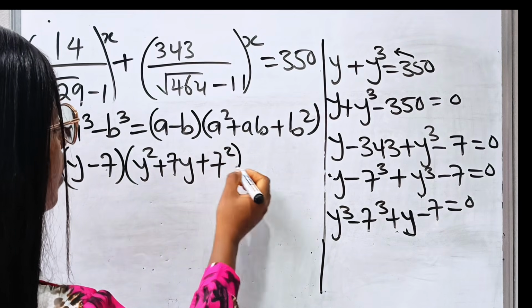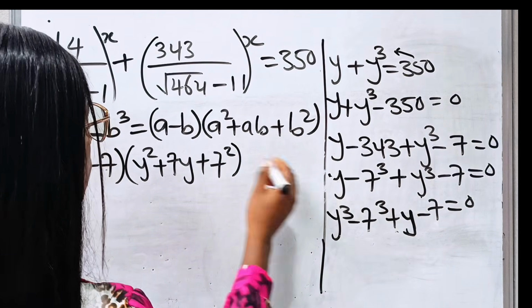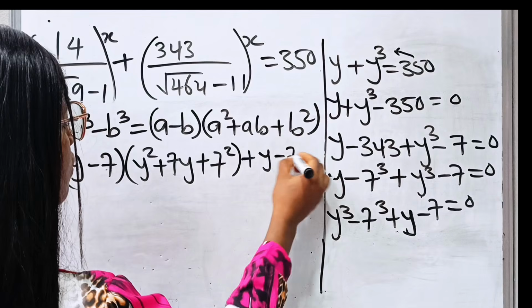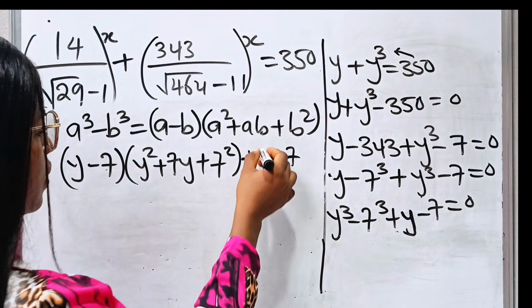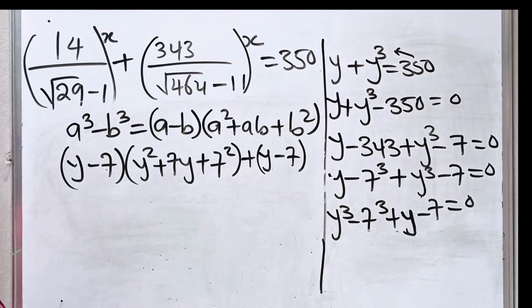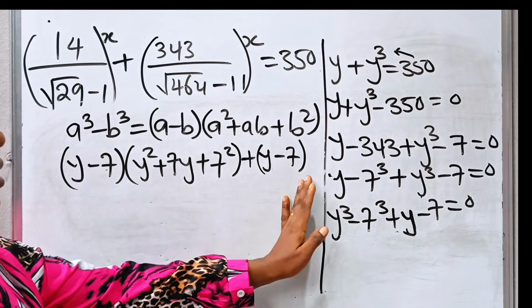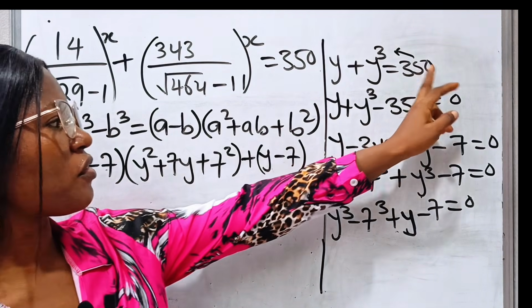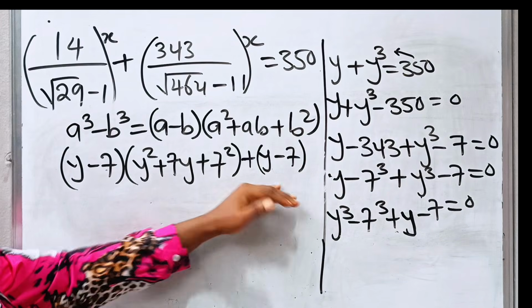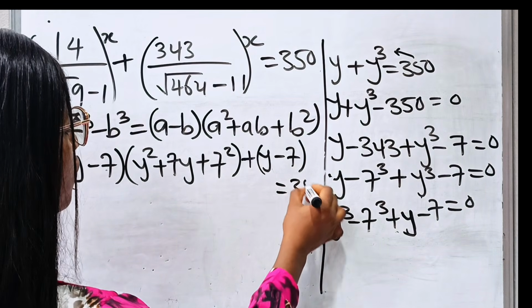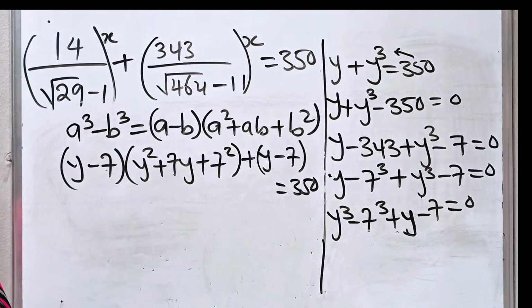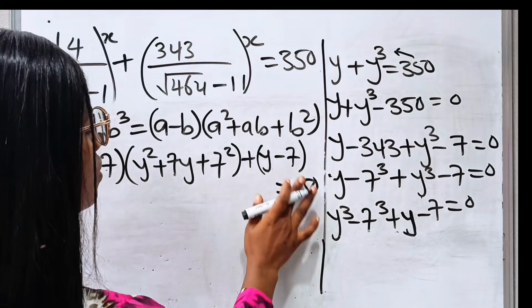Okay, that is it for this. Then plus y minus 7. So if you look at this, you can see that we have y minus 7, y minus 7. Recall that everything here is equal to 0.